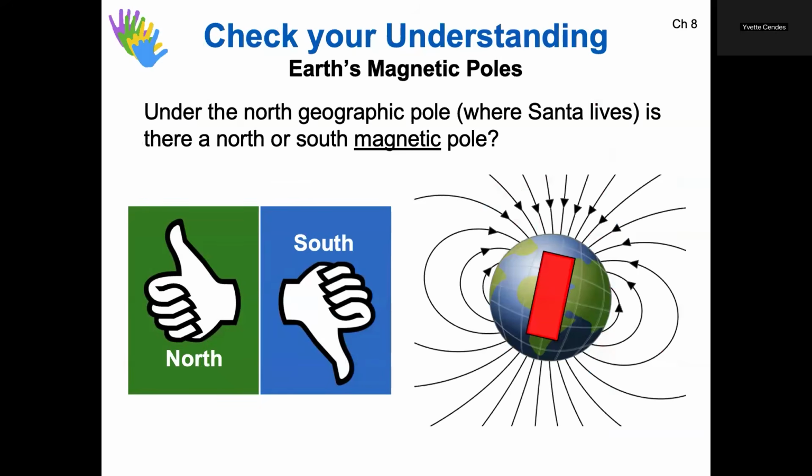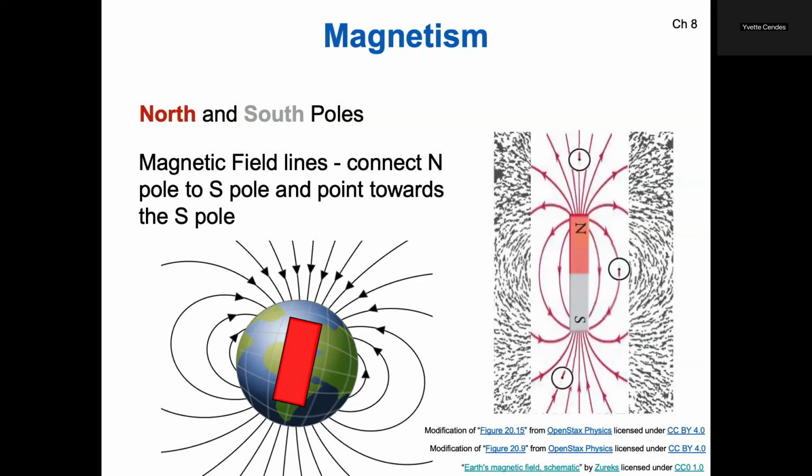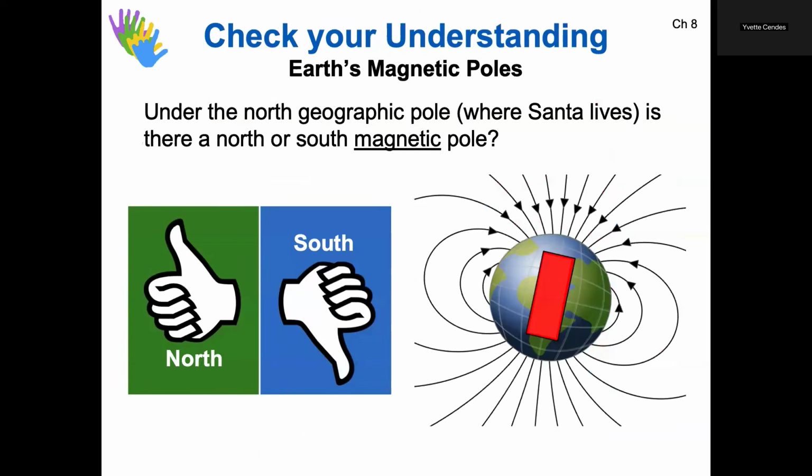So here's a question. I just told you that the field lines connect the North Pole to the South Pole and point toward the South Pole. Here's the diagram from the previous page. Under the North geographic pole, where Santa and the elves live, is there a north or south magnetic pole, based off of this diagram?